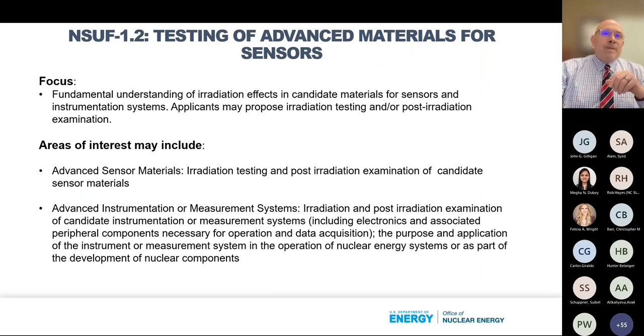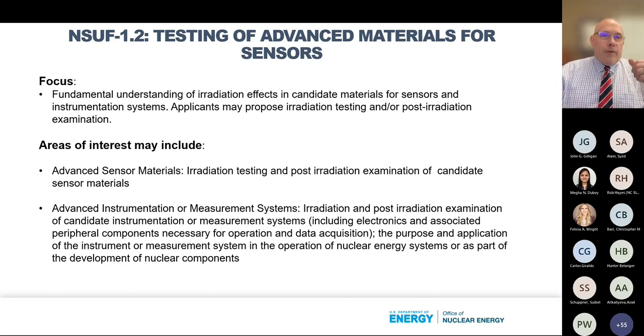Thank you. So the second work scope that also includes R&D funds is the advanced materials for sensors. This is a specific area because advanced sensors and in-core instrumentation are vital to a lot of the advanced reactor systems, well, current and advanced reactor systems, where the mode of operation may be very different.